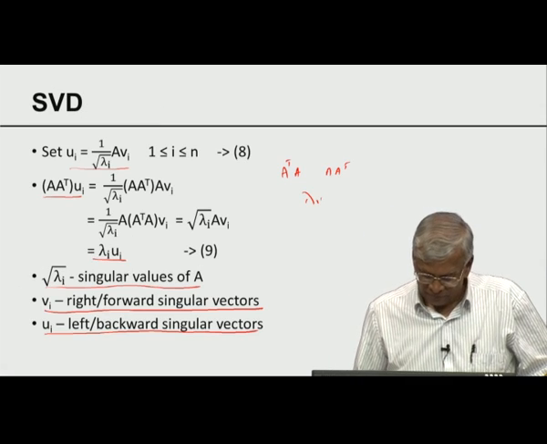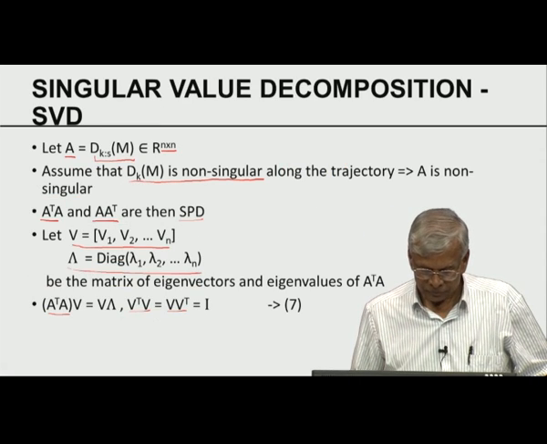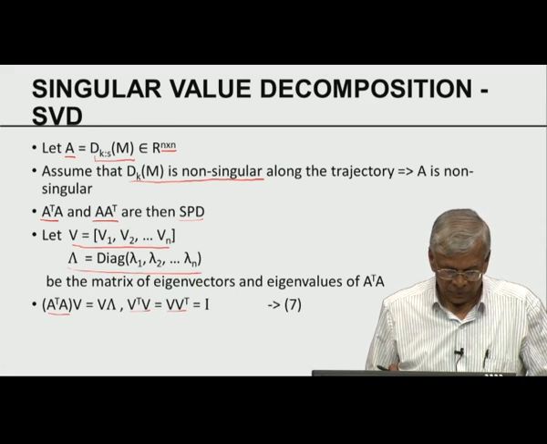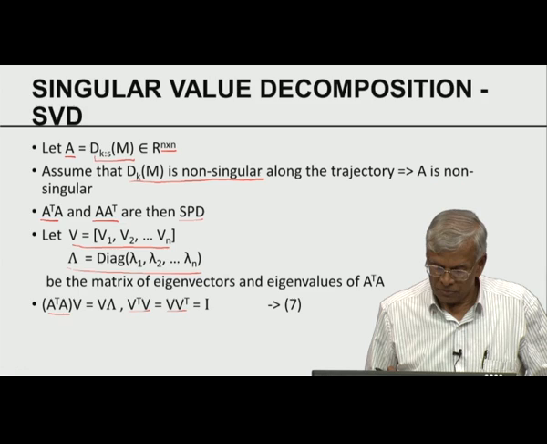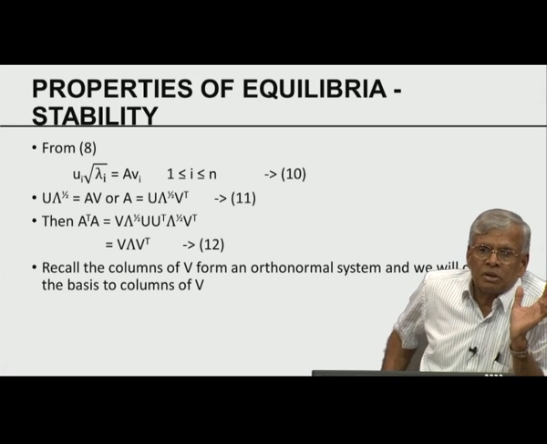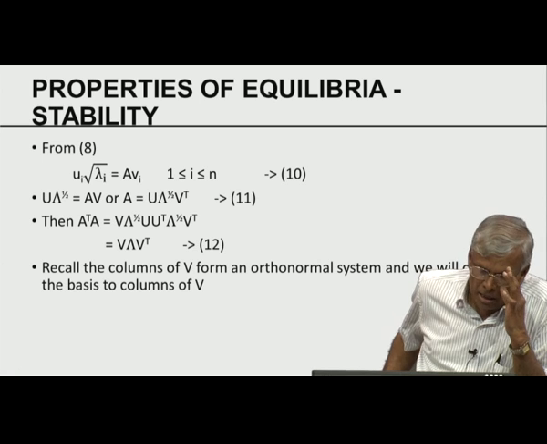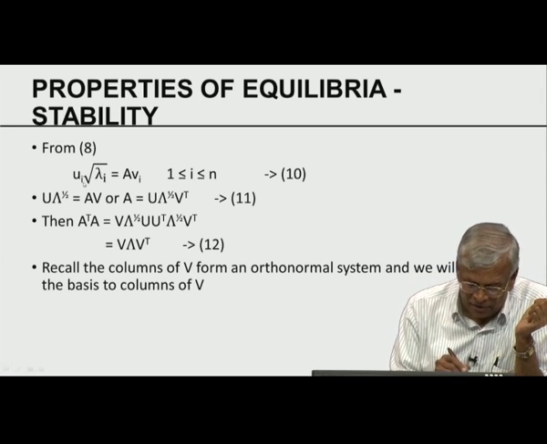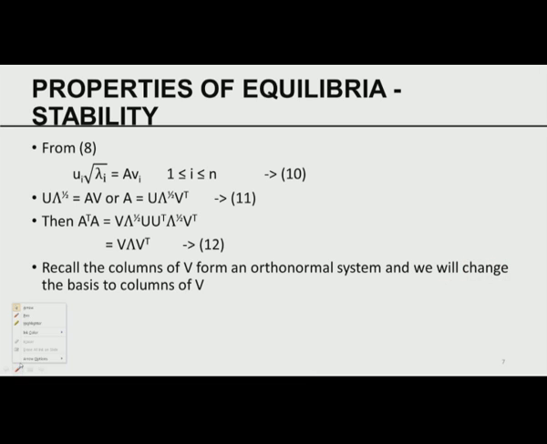Now from 8, I am going backward. I would like to talk about some of the properties of equilibria. From 8 I can rewrite my equation for the definition of Ui this way.